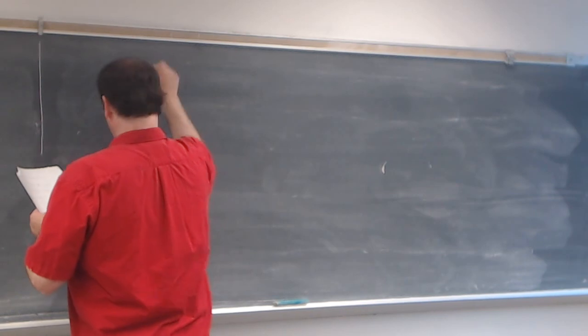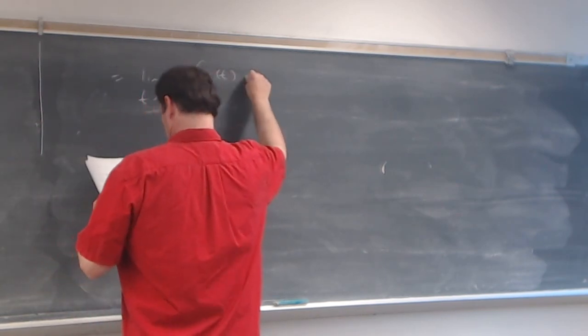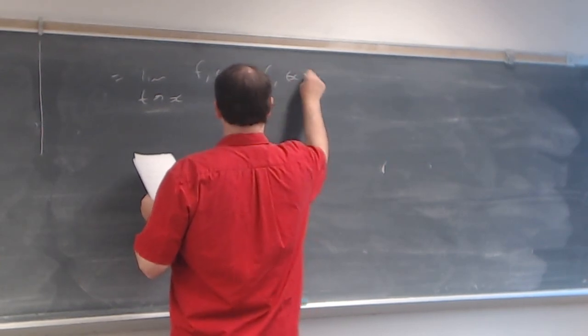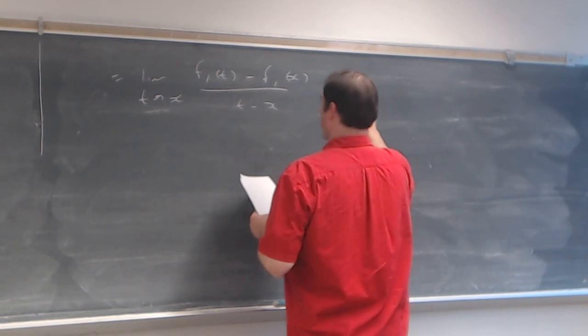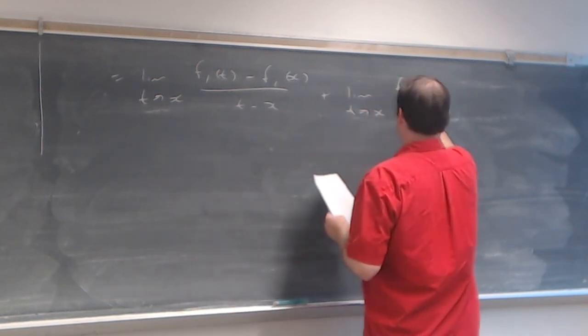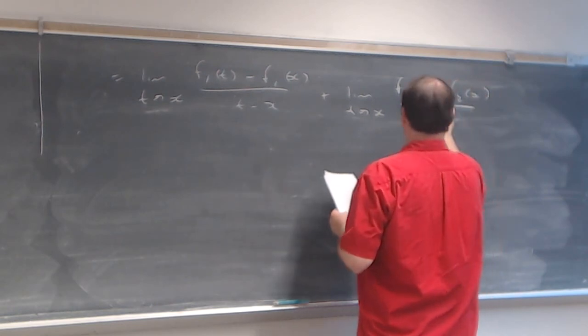It is equal to the limit as t goes to x of f sub 1 of t minus f sub 1 of x all over t minus x plus the limit as t goes to x of f sub 2 of t minus f sub 2 of x all over t minus x.